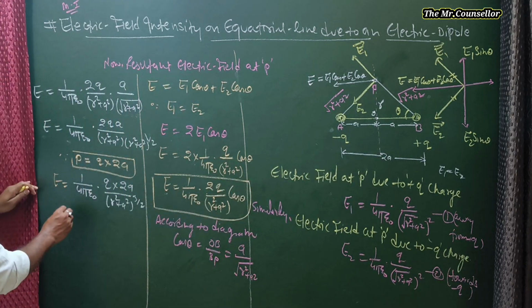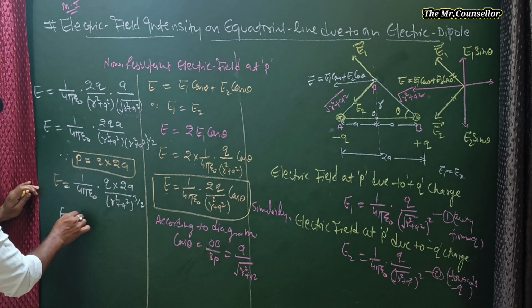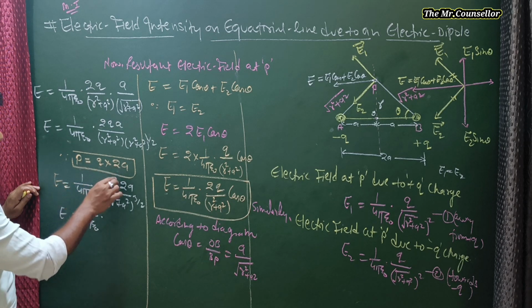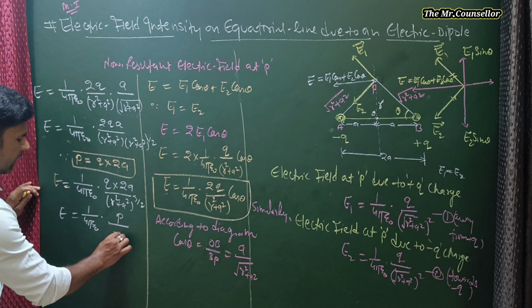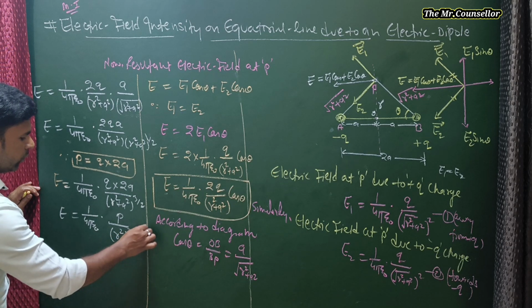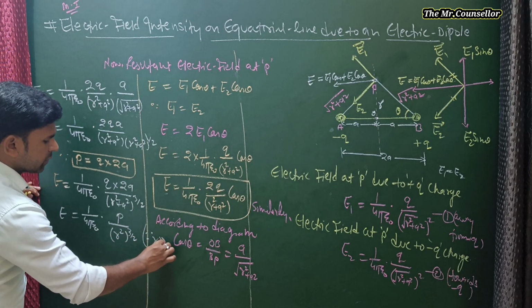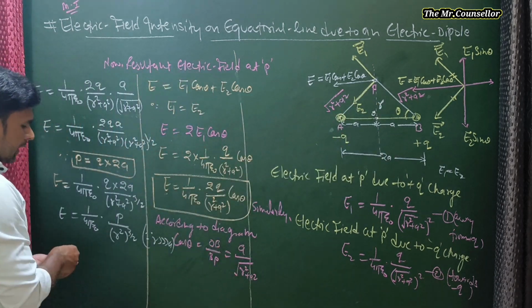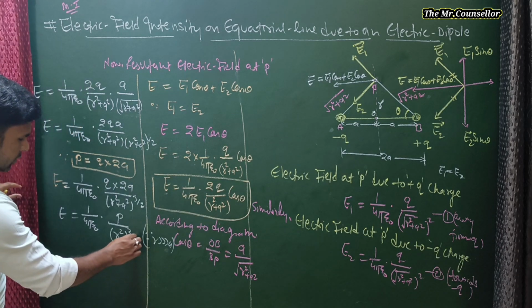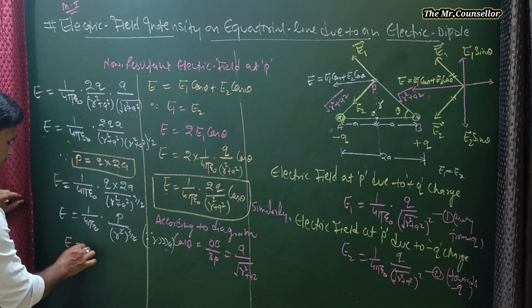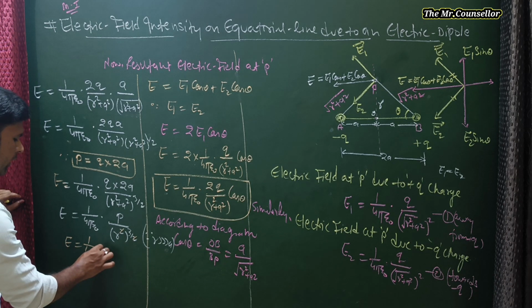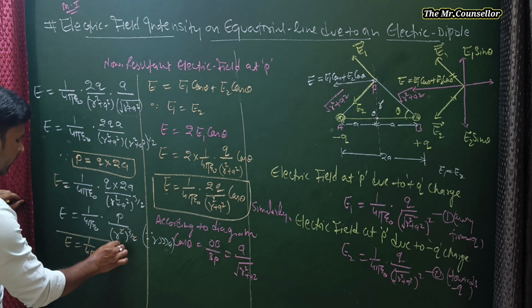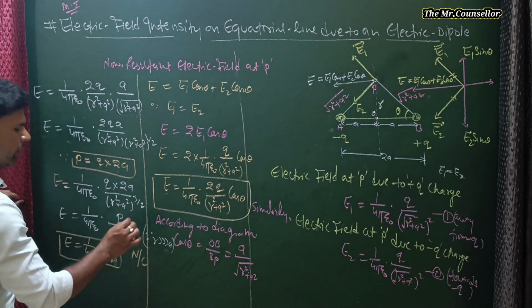Here we can write E is equal to 1 upon 4 pi epsilon naught into, P is equal to Q into 2A, it means P upon R square power 3 by 2, because R is much greater than A. This R is much greater than A. So we can neglect A. So this 2 will cancel. So finally we can write E is equal to 1 upon 4 pi epsilon naught into P upon R cube. So this is the final answer, Newton per Coulomb.